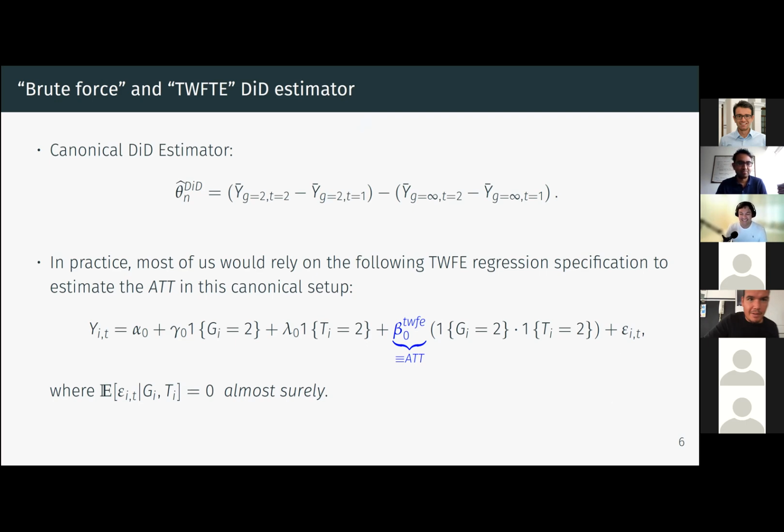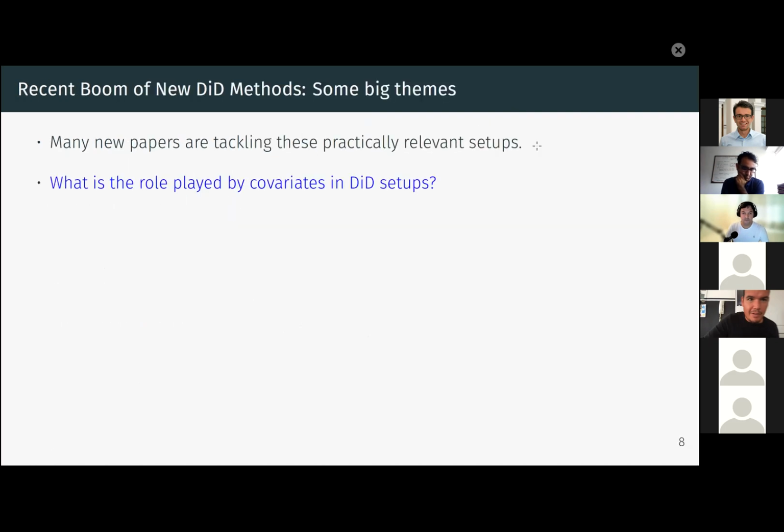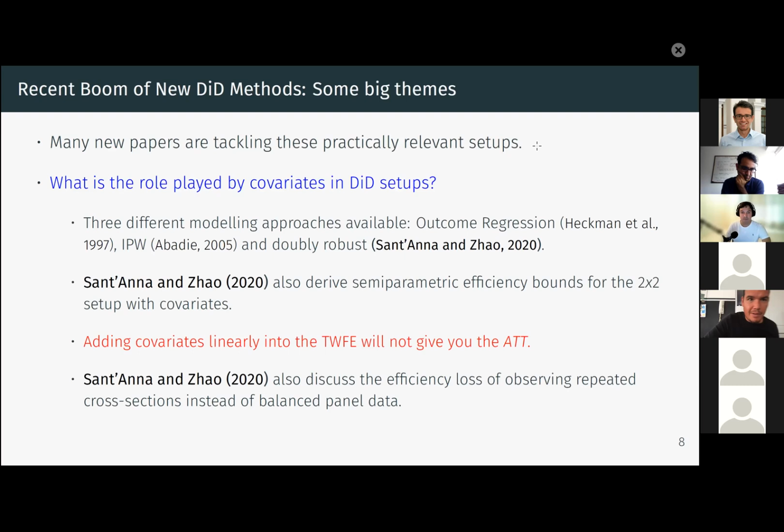So for the outcome-based approach, you need to have a good model of the outcome, right? So imagine that you know which covariates are the best predictors of the outcome. If you have those covariates and you add them interacted with the linear trends and with the trends and the group dummy, that would solve the problem.